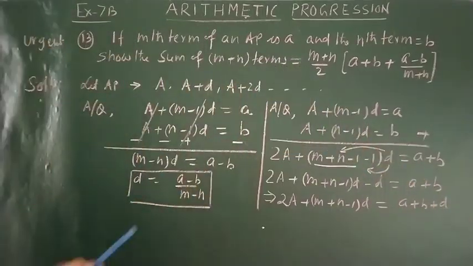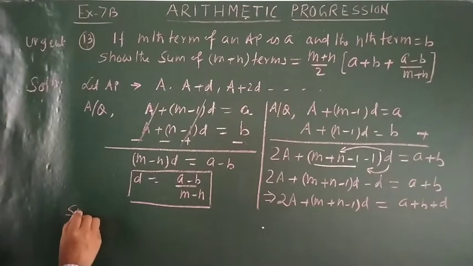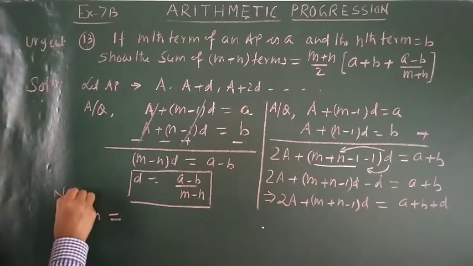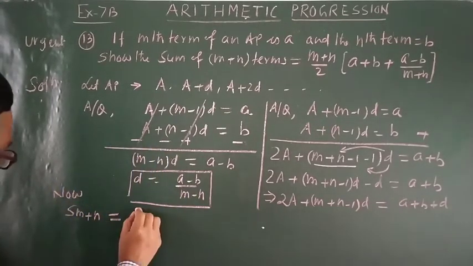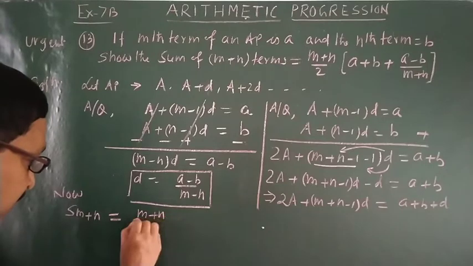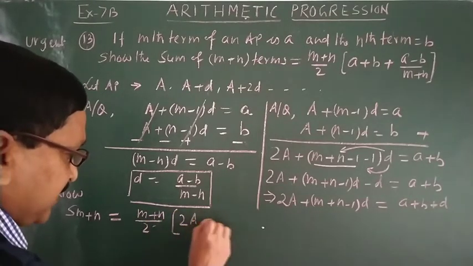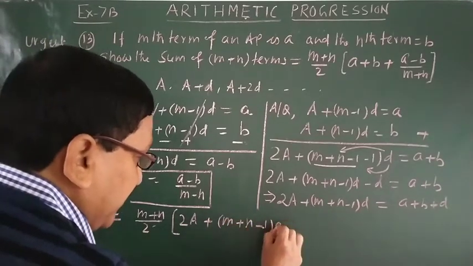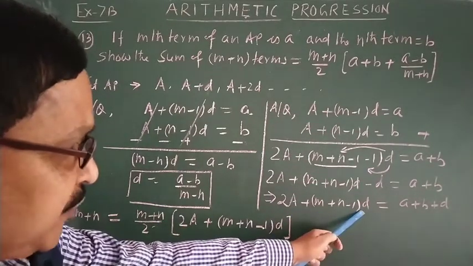Now moving towards our target, S of m plus n. We have to find out S of m plus n. This is (m plus n) by 2 times (2A plus (m plus n minus 1)d). Now students, it is very clear that 2A plus (m plus n minus 1)d is ready to us.